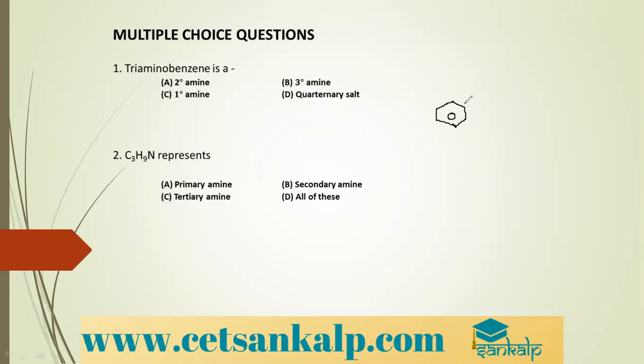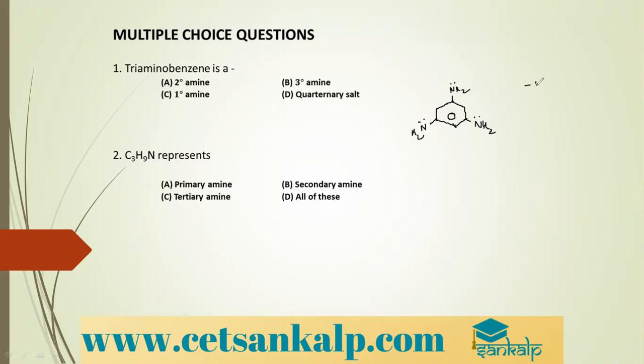They have said triamino benzene, that means there are 3 NH2 groups, and I have to represent them like this due to steric hindrance. This is triamino benzene. So what is this triamino benzene? Is it a primary amine, a secondary amine, a quaternary amine or a tertiary amine?